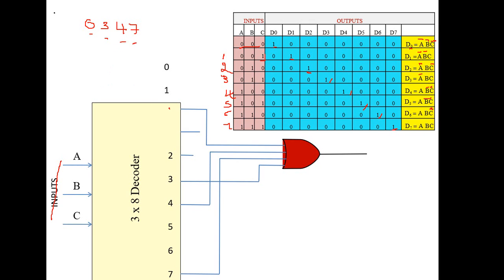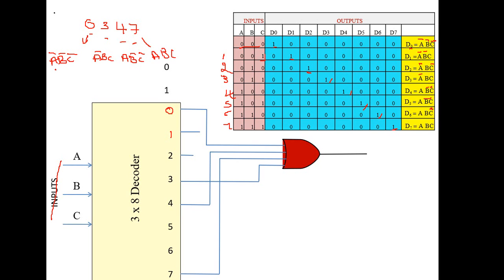We already know that when we give 000, D0 is selected. When we give 001, D1 is selected. Converting into formula, 0 means A bar B bar C bar, 3 means A bar B C, 4 means A B bar C bar, and 7 means A B C.